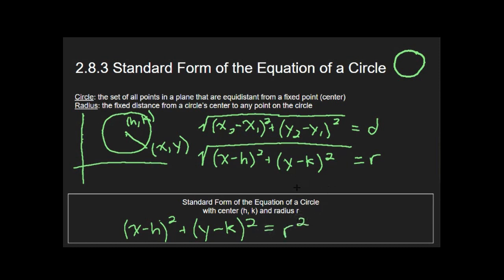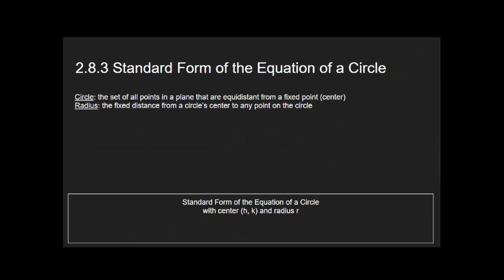So if you're given the center point and the radius of a circle, you can come up with this equation. Also, given this equation, you can find the center point and the radius of a circle. So let's go ahead and try this out with some examples.